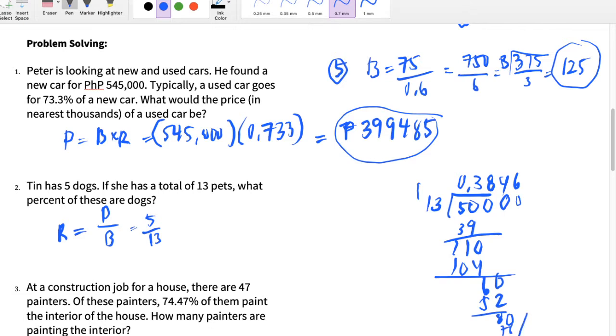Sige, last na lang. If we subtract this 2, add another 0. 20 divided by 13, 1. Okay, sige. This is enough. So, the answer here is 0.38461. Convert natin to percent times 100. That's equal to 38.46%.